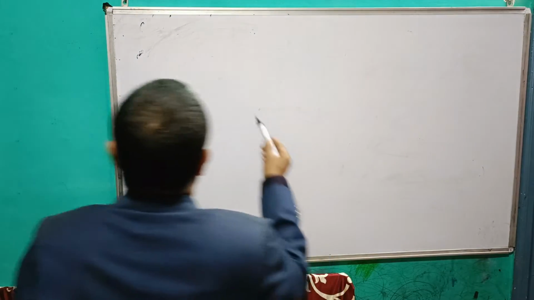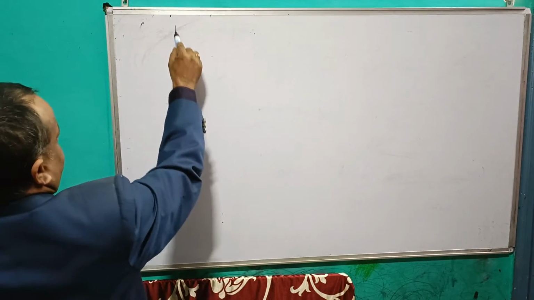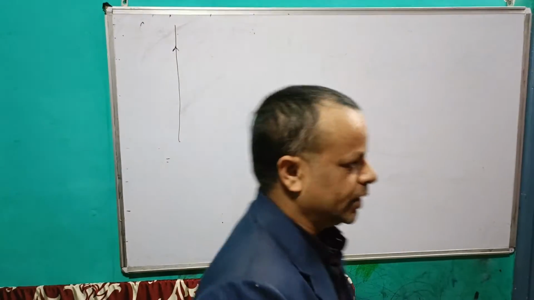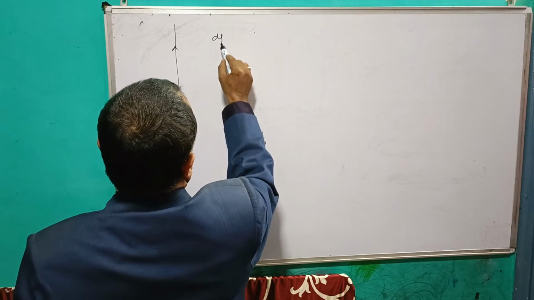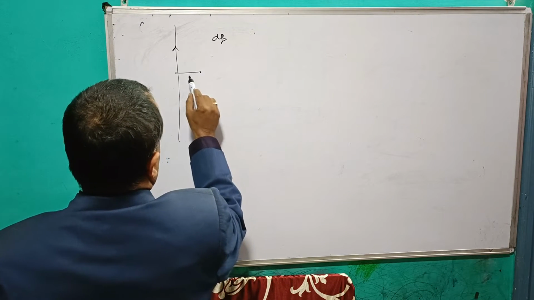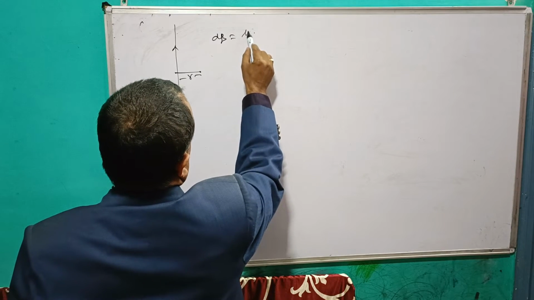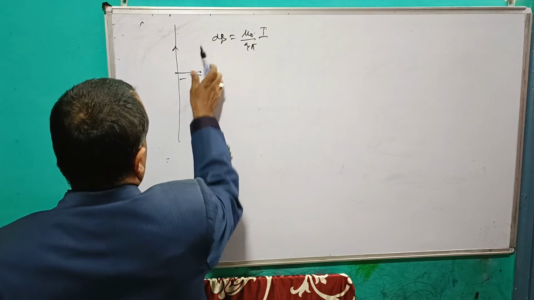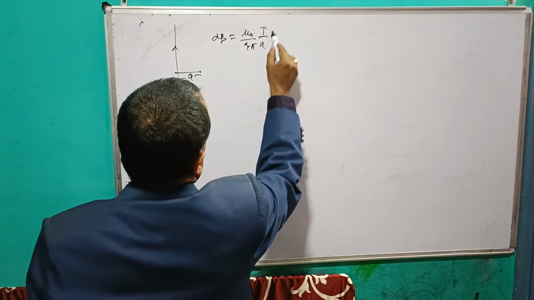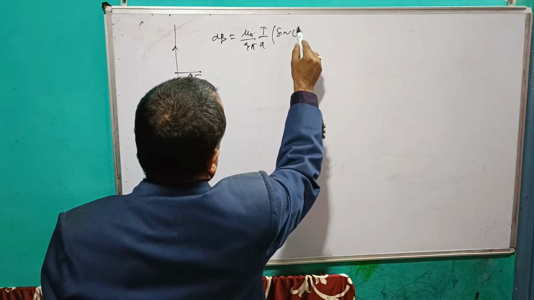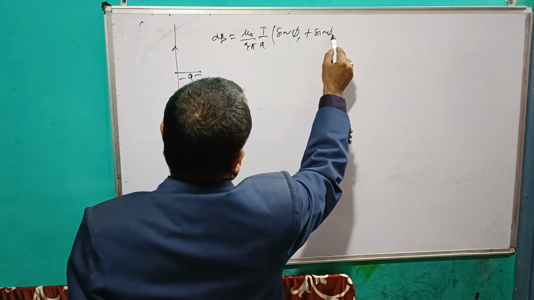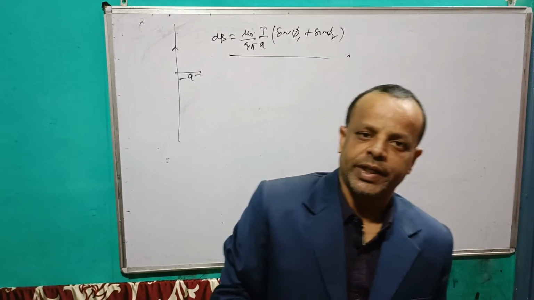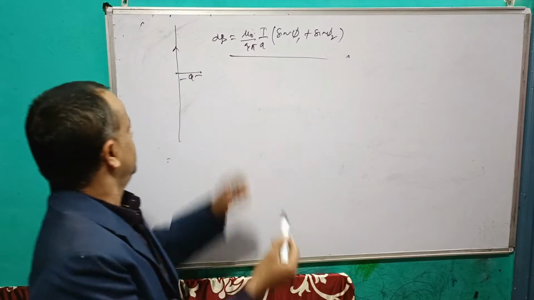In the case of the magnetic field due to a straight current carrying conductor, what we had derived in the last class is that the strength of the magnetic field due to this element at a distance r is basically mu naught upon 4 pi I, let us suppose this is the distance a, into sine phi 1 plus sine phi 2. This was the strength of magnetic field due to a straight conductor at point P.